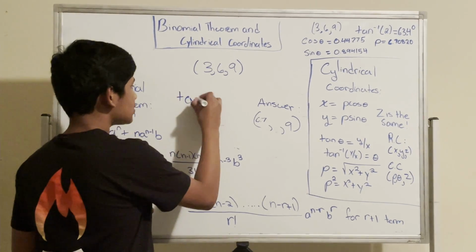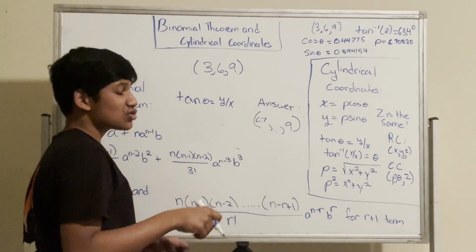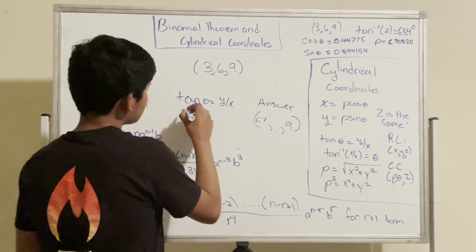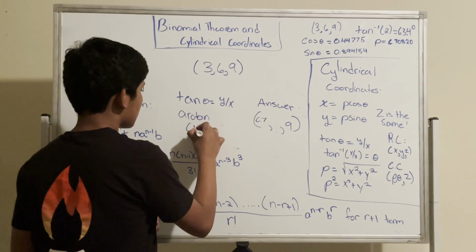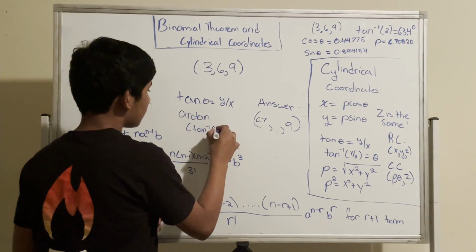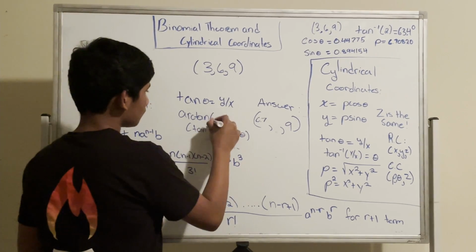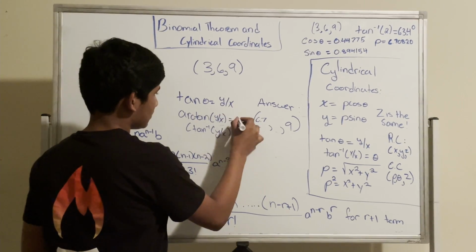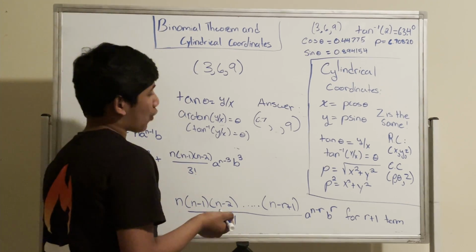So we know that the tangent of theta is equal to y over x. Using this essential formula, we can deduce that the arctangent, which is just the same as the tangent to the power of negative 1, of y over x, is equal to theta.